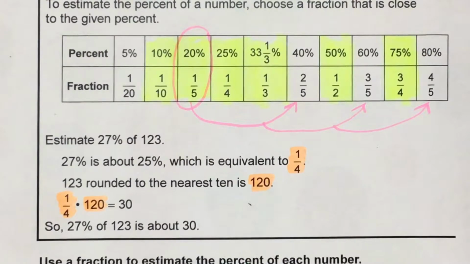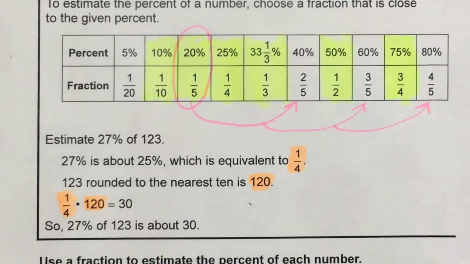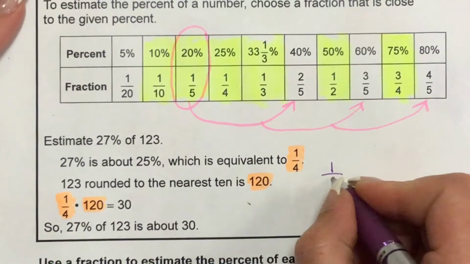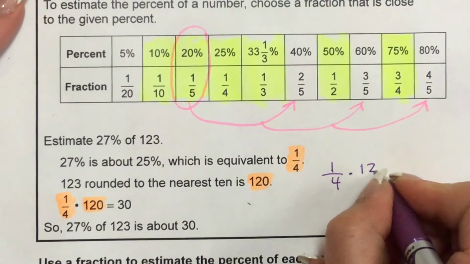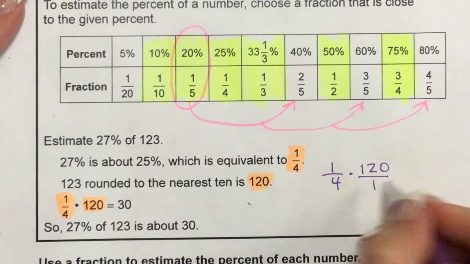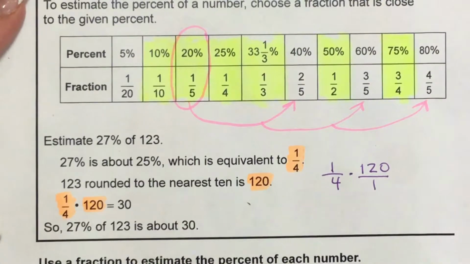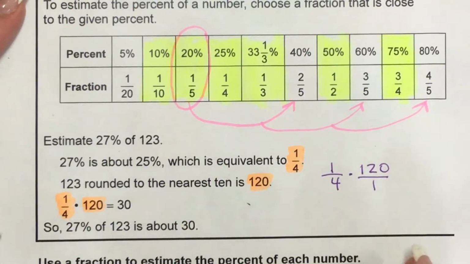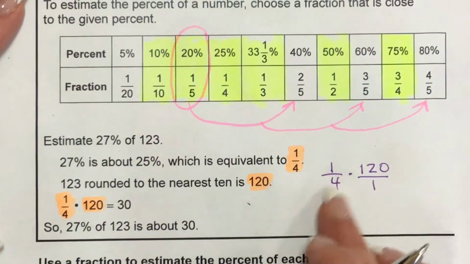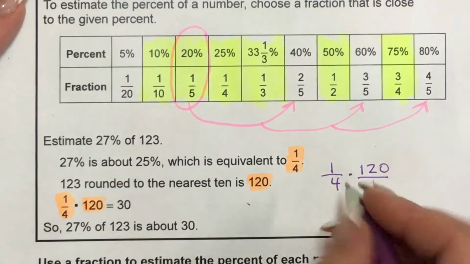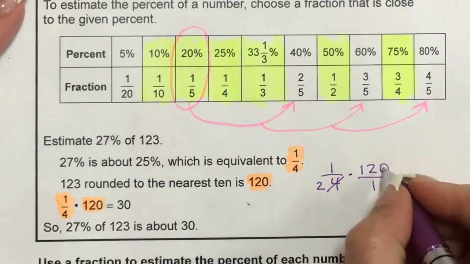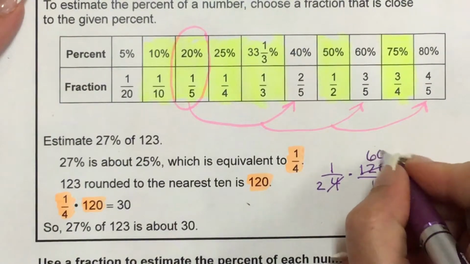If we do that math, I'm going to do that off to the side. 1/4 times 120. We're just multiplying fractions, right? I'm going to make it 120 over 1, and I'm going to look to cross cancel. Is there a common factor between 4 and 120? Yeah, I know 2 goes into both of them. 2 goes into 4 2 times. 2 goes into 120 60 times.